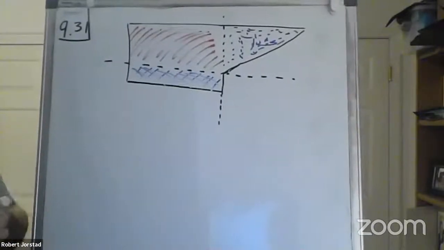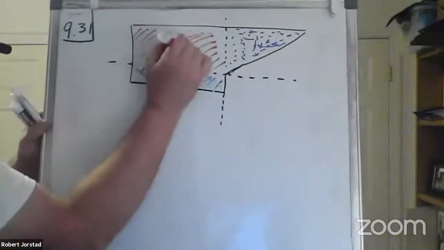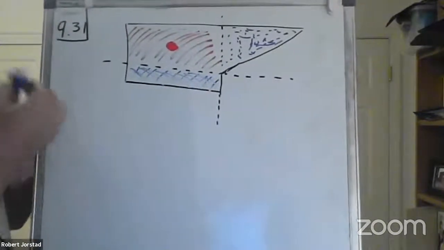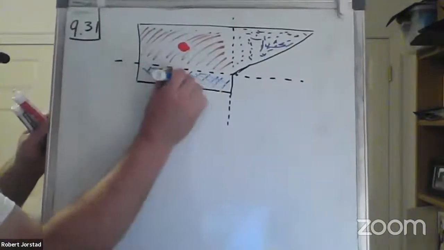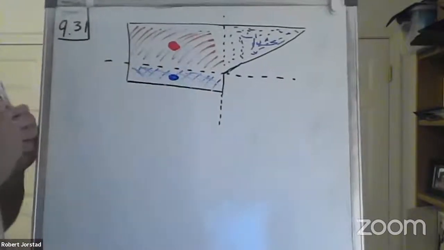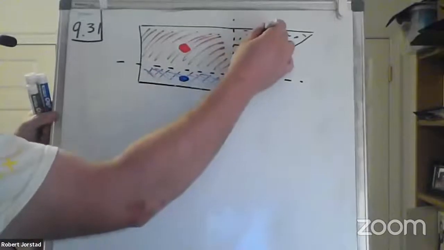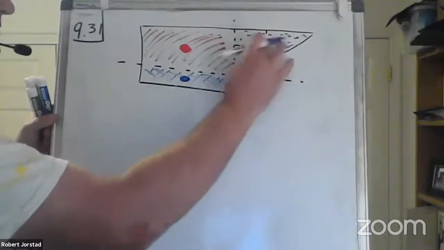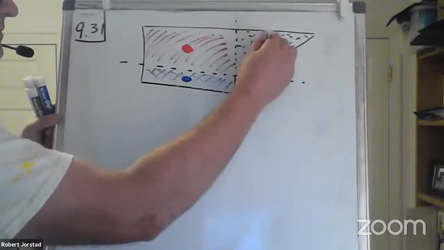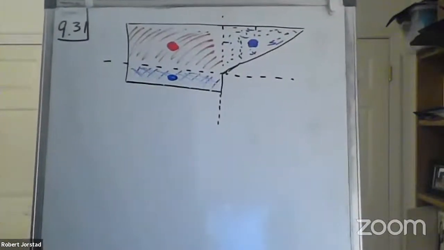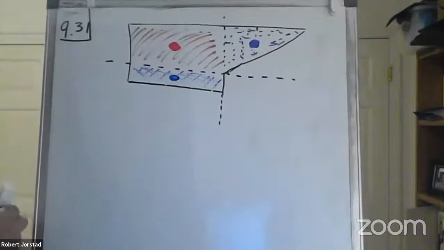Now, the idea here is I know the center of mass of this one is right in its center. I know the center of mass of this one is right at its center. And this one is a triangle from what I told you earlier. It's 1/3 and 1/3. That is the center of mass of that one. So we've got these three pieces.